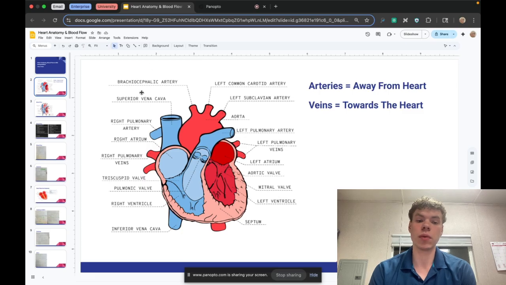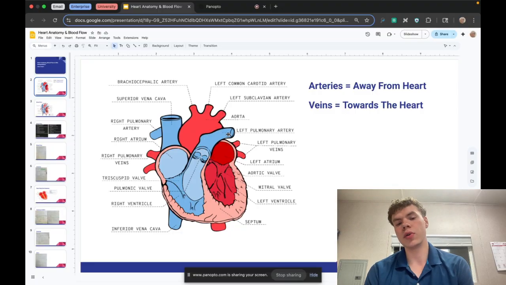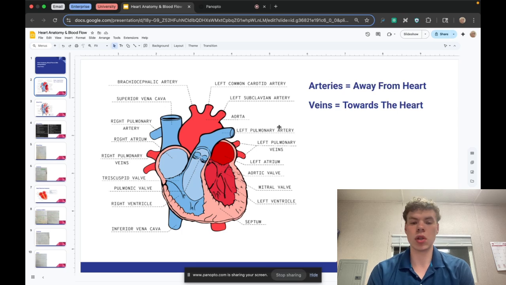Deoxygenated blood comes from the rest of the body, and it originally comes into the superior vena cava on the right side, into the right atrium, through the tricuspid valve into the right ventricle, and then it goes to the pulmonary artery, and from there to the lungs. It returns from the lungs into the pulmonary veins.